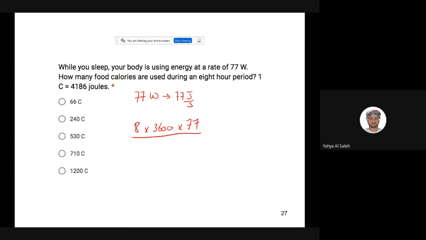And then I want to convert it to calories, so I will divide by 4186, and I end up with 529.77, which is 530 calories to 3 significant figures.